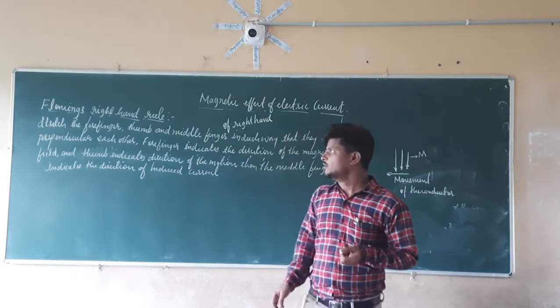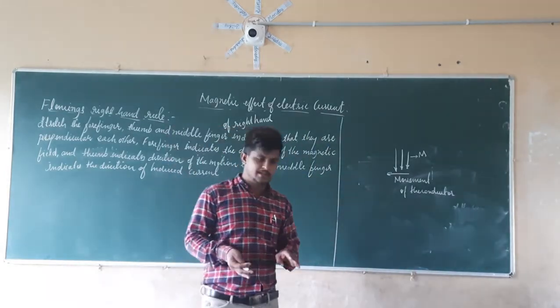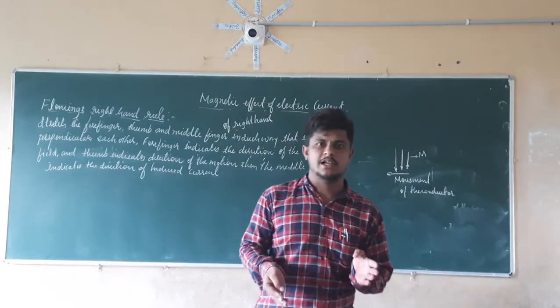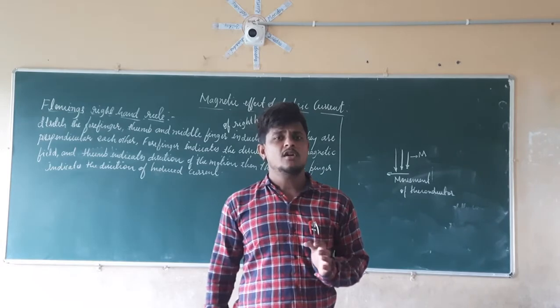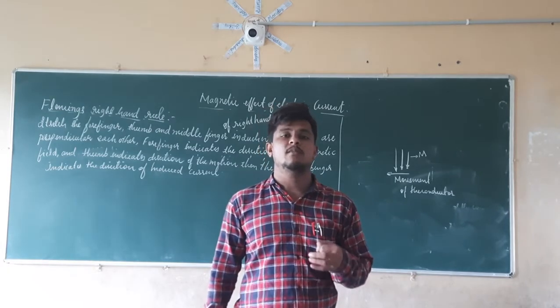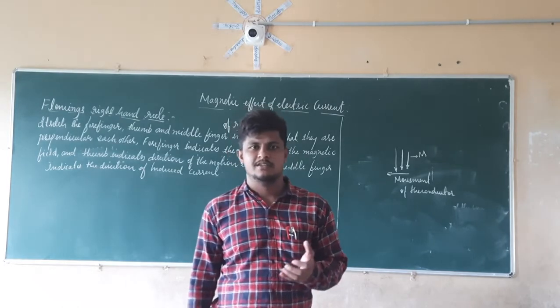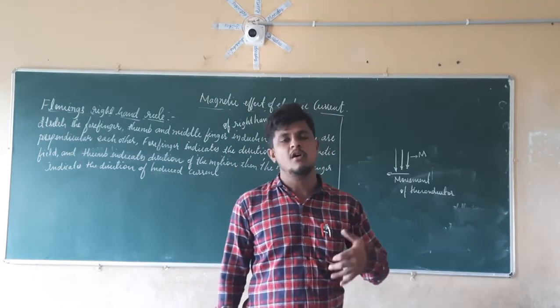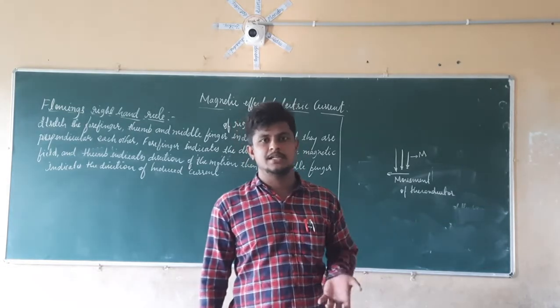Right. So next, up to this point we discussed the induced current as well as how we identify its direction. Now, in which way can we increase the amount of current which is induced? We know that electricity is very essential. So how are we going to increase the amount of induced current here?